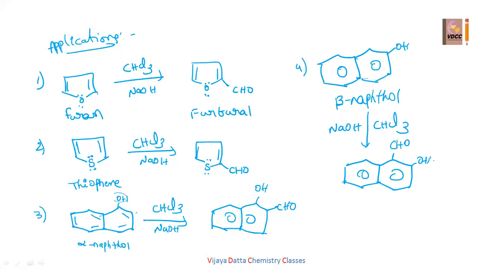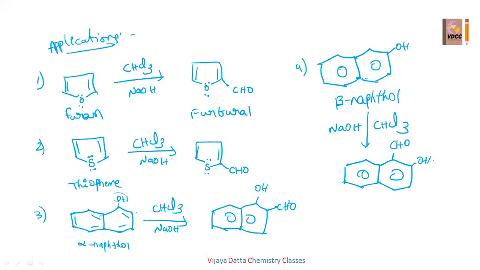Also, compulsorily an acidic hydrogen should be there. That acidic hydrogen is what reacts. If no acidic hydrogen is present, the Reimer-Tiemann reaction will not happen.